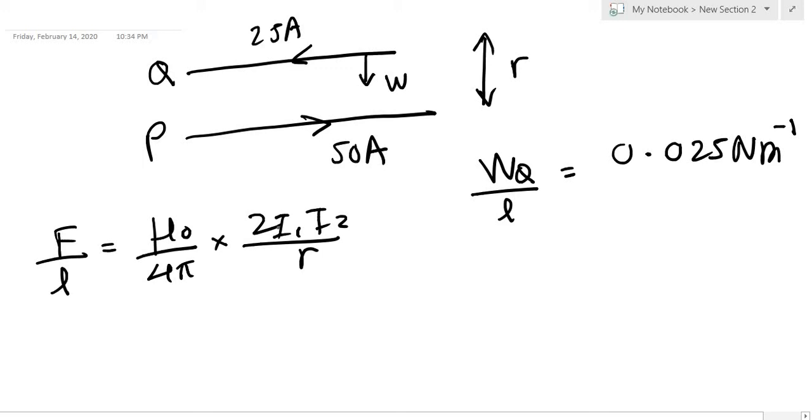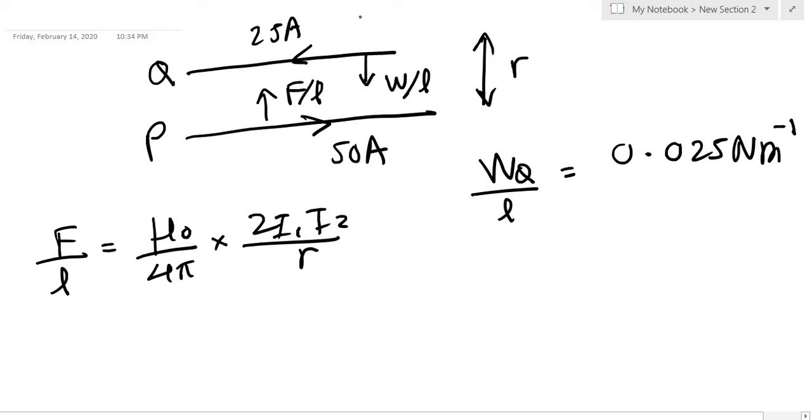And the question says, what distance should we maintain between these two current carrying wires, so that the first wire does not fall down due to its weight. So that's to say that the magnetic repulsive force between them, or let's say the magnetic repulsive force per unit length, should be equal to the weight per unit length.